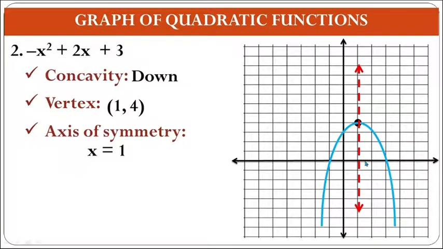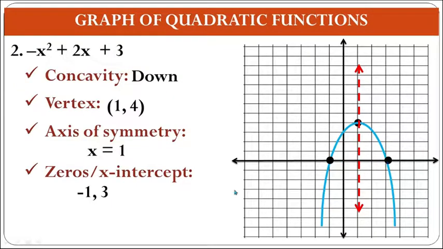Next is yung ating zeros or x-intercept. Saan nag-intercept ang parabola sa may x? Makikita, meron siya dyan, meron dito. So 0 ito, negative 1, then 0, 1, 2, 3, positive 3. So yung x-intercept is negative 1 and positive 3. And for y-intercept, sa y naman, dito na yung x, so y is ito lang.